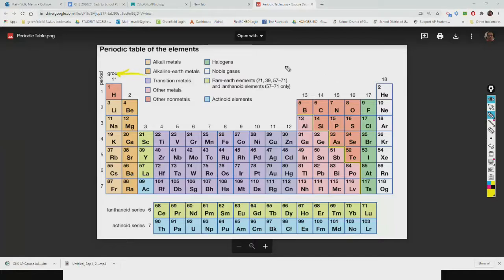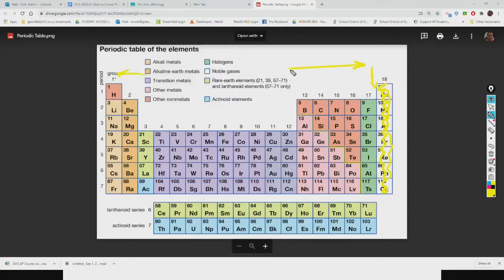Whereas on the right side we have the nonmetals, and these elements tend to be very electronegative. We ignore the noble gases in biology pretty much, because they don't really play a role in biological molecules or in living organisms. So basically for us here, the very right side of the periodic table ends at the halogens, starting with fluorine.